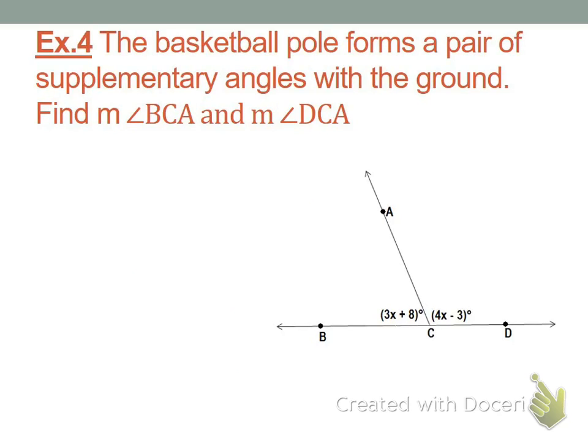All right, the basketball pole forms a pair of supplementary angles with the ground. Find the measure of angle BCA and measure of angle DCA. So they told us in the directions that these angles are supplementary, which means they add up to 180. This problem, I would expect to see a little bit more work shown. How are we going to set it up?